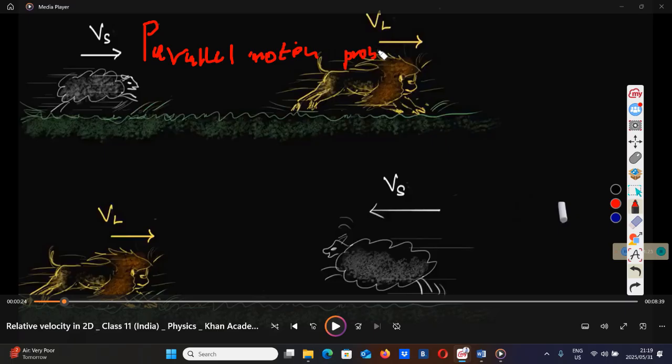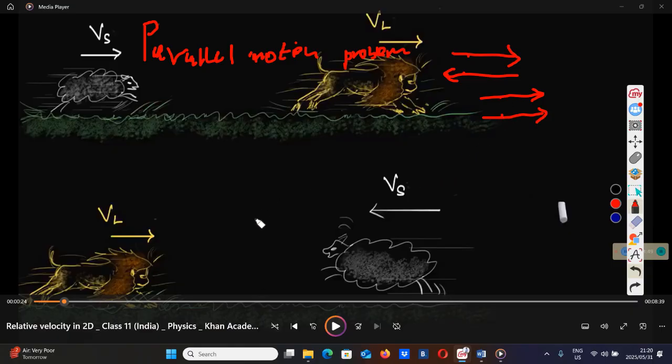I'm talking about the previous problems that I've discussed. You remember you had a scenario where a train is moving like this, the other vehicle moving like this. So this movement is parallel to this, or the two vehicles were moving in the same direction like this.